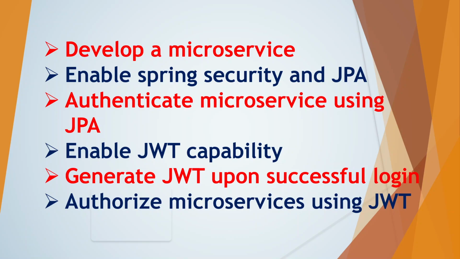All of the malicious requests are stopped by the authorization filter which we have written, and that is executing for each request coming to your microservice. That's all we have seen today in detail with the live example.